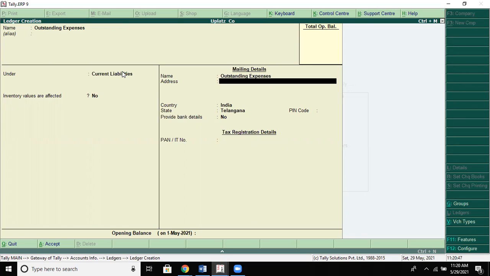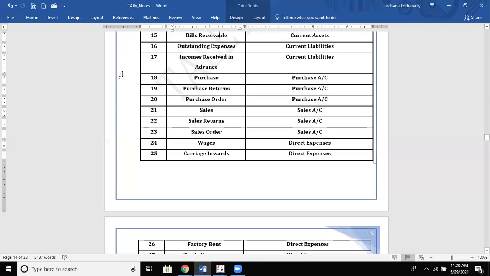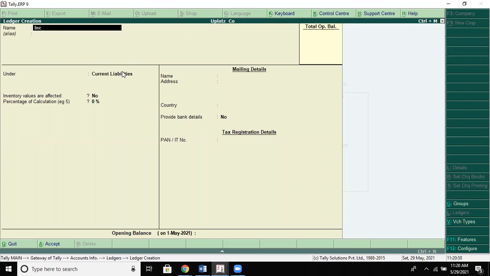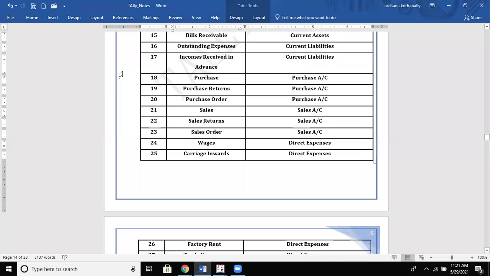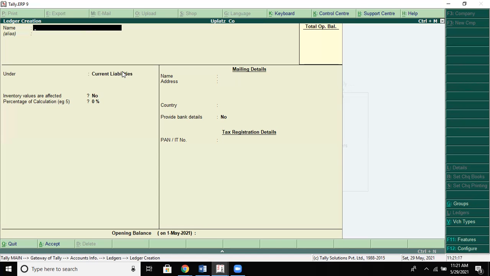So inventory values, no. Next, income received in advance, even that is your liability. Current liabilities. Enter. Yes.